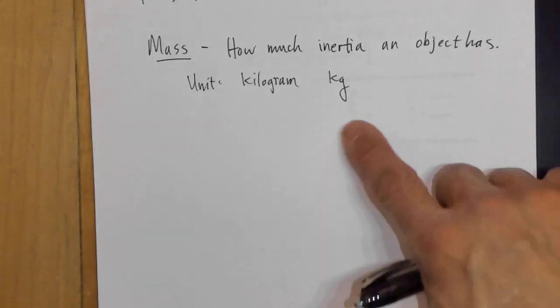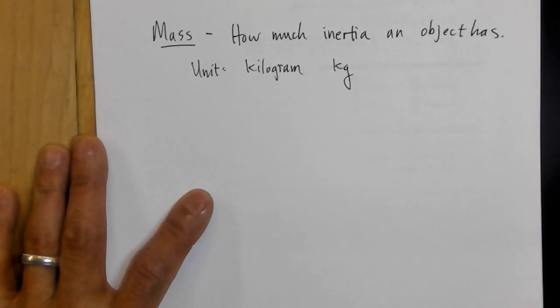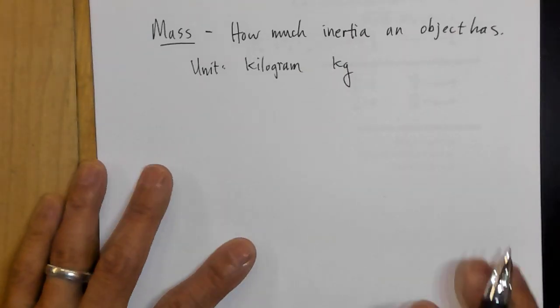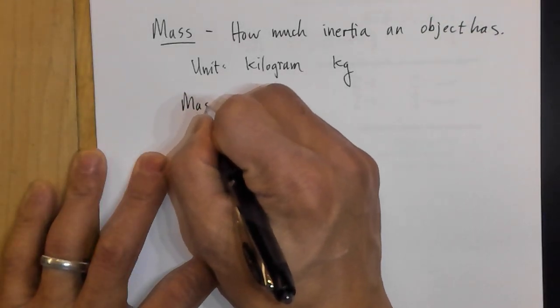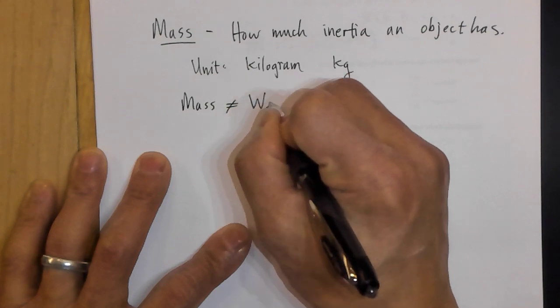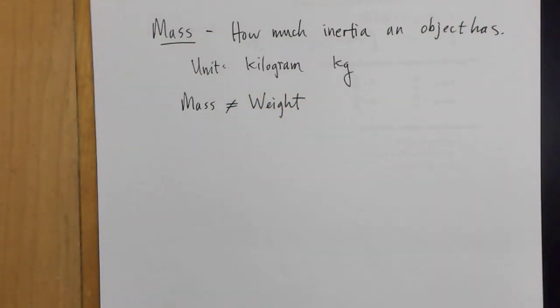So it's the only unit where there's a prefix for the standard unit, kilo, in front. Now, one thing I want to say is that mass is not weight. Okay? So weight has to do with gravity, the force of gravity, and we're going to talk about that next time, not this time. Okay?